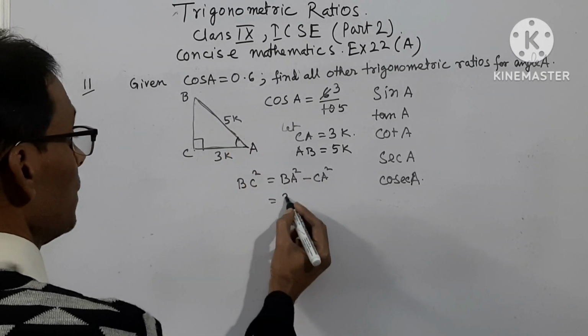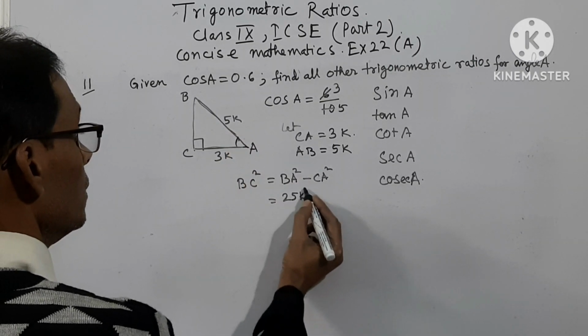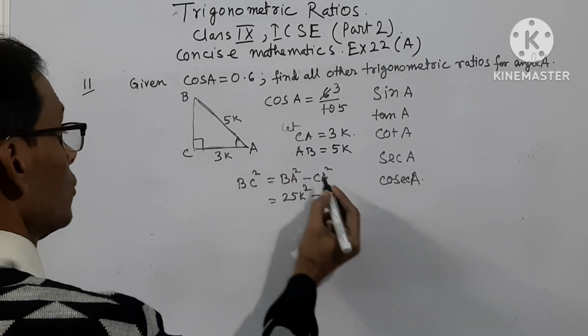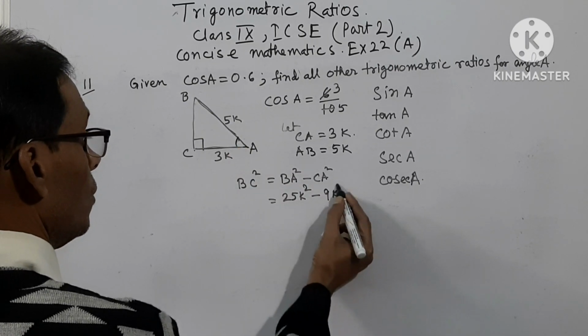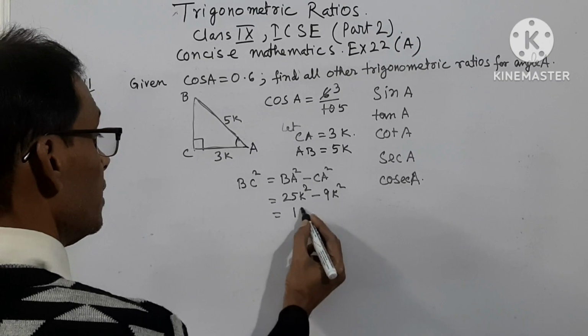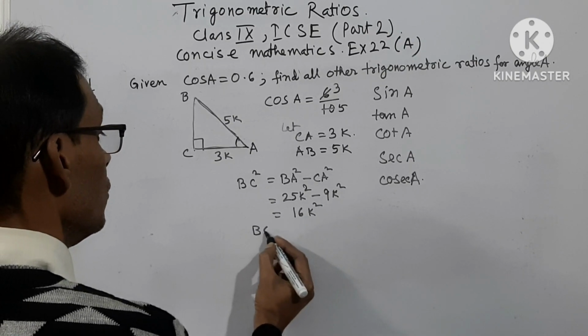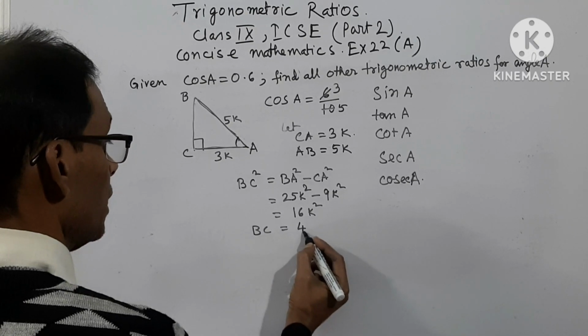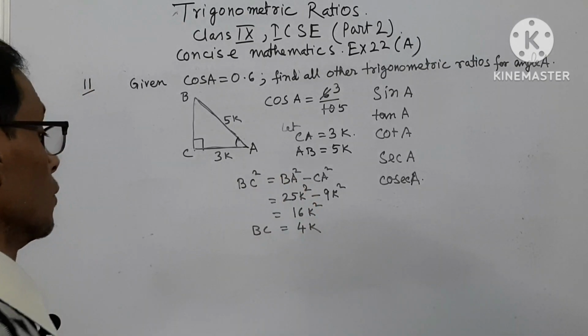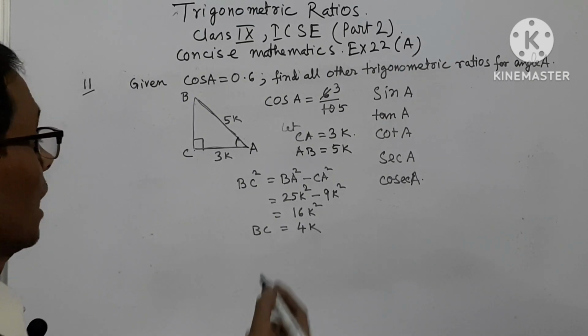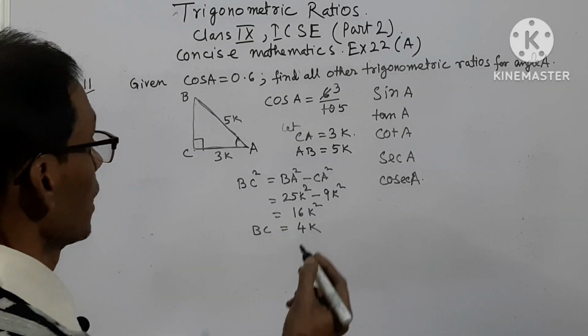So 25k square minus 3k whole square, 9k square, which is 16k square. So BC will be equal to 4k. The square root of 16 is 4 and k square will give k.